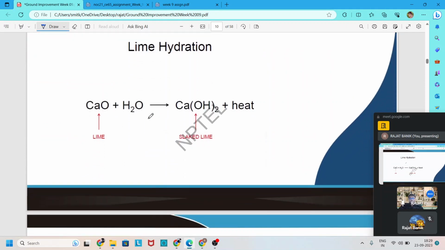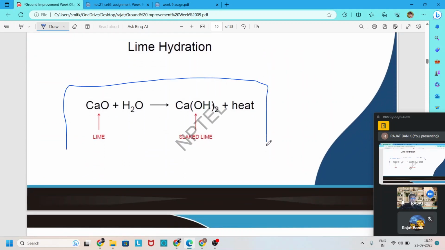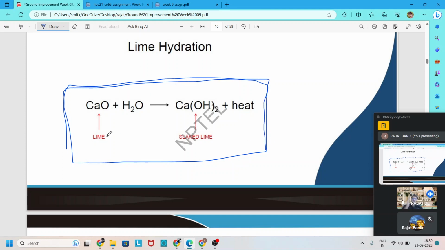Here the chemical reaction is given when lime is applied to wet soil. When we apply lime, that means calcium oxide, in wet soil, it reacts with the water in the wet soil and forms calcium hydroxide, that means slaked lime, and some amount of heat.